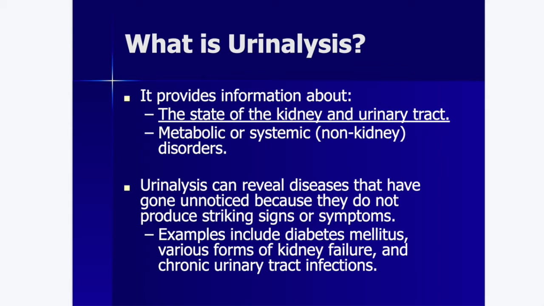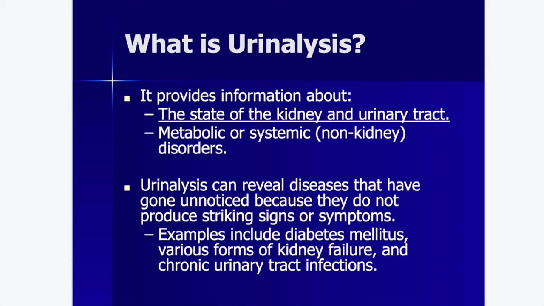This test is also able to let a doctor see possible issues or diseases that might go unnoticed otherwise because there aren't telltale signs or symptoms of those diseases. So examples of that could include diabetes mellitus, which is the typical diabetes that we hear of people having, as far as type 1 and type 2 diabetes.